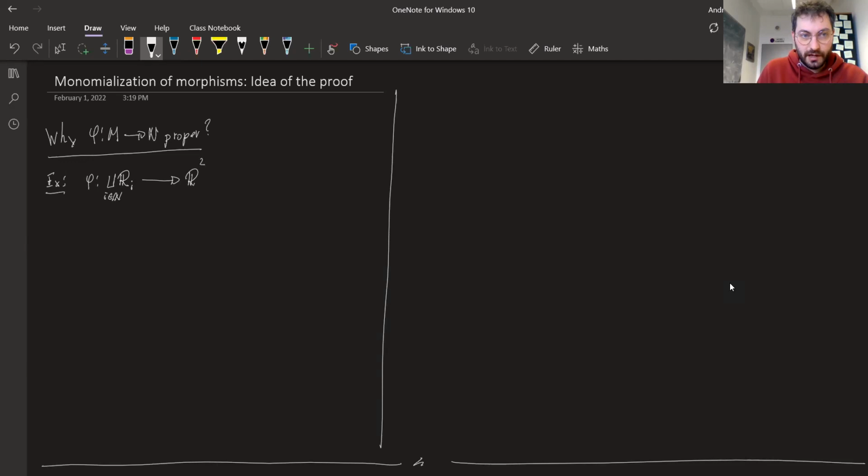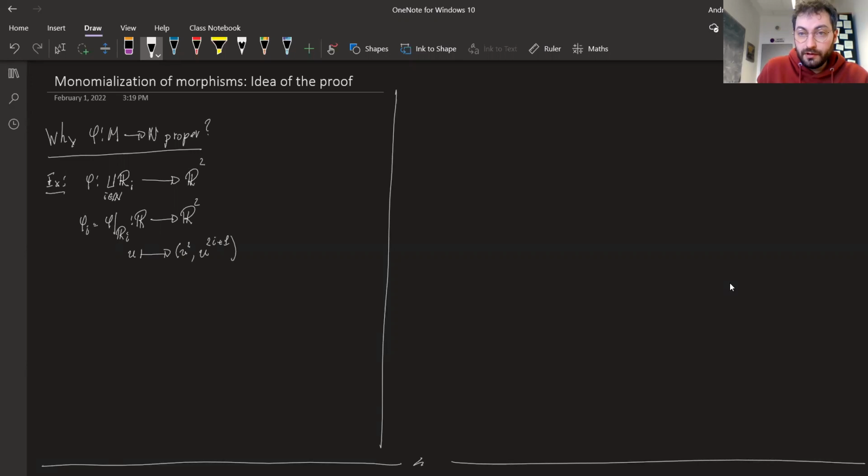R2 is the target, R^n. So it's not going to be a proper morphism. And in here, let's call it phi, the restriction to each one of these R_i's, which is simply a function from R to R2, which is given by say u, which is sent to (u^2, u^(i+1)).